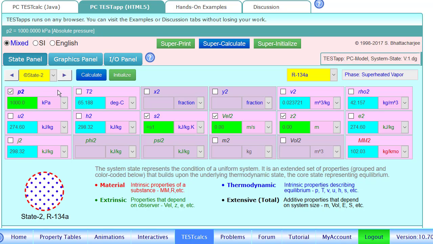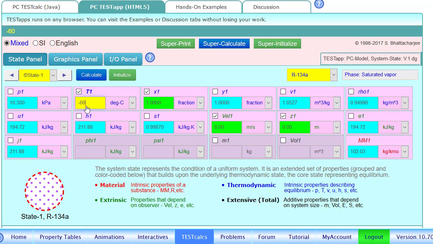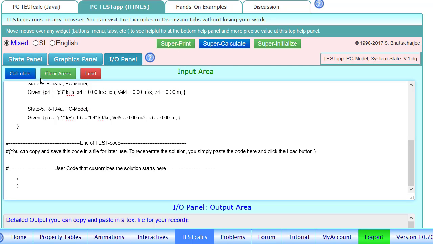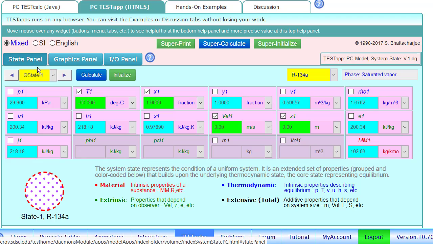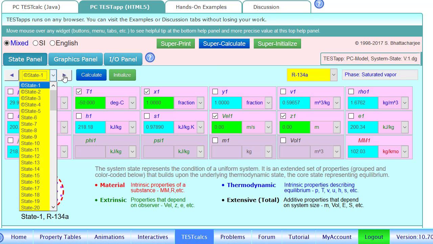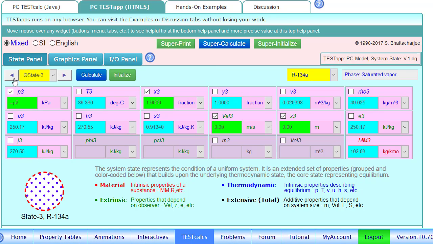Once we change that value to negative 50 instead of negative 60, and then hit super calculate up in the middle right here, it'll recalculate all of the values for each of these states. If we hadn't done that, then you would have to go through each state individually and change all the values. This way is a lot easier and better for avoiding mistakes.